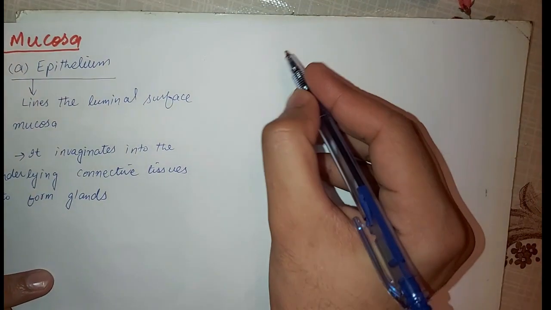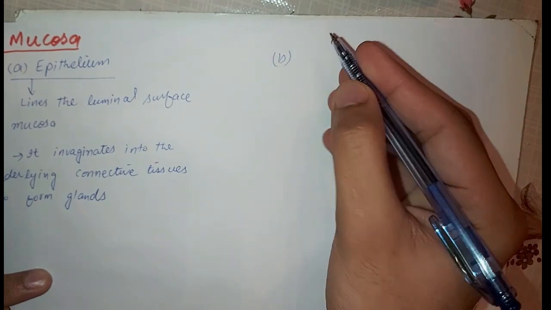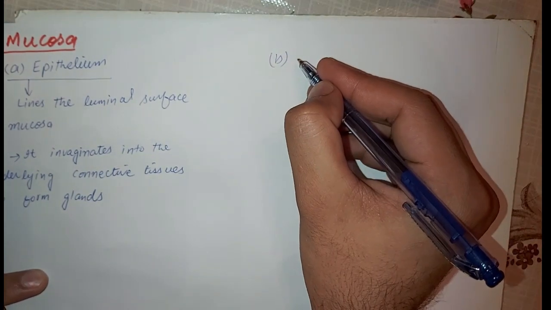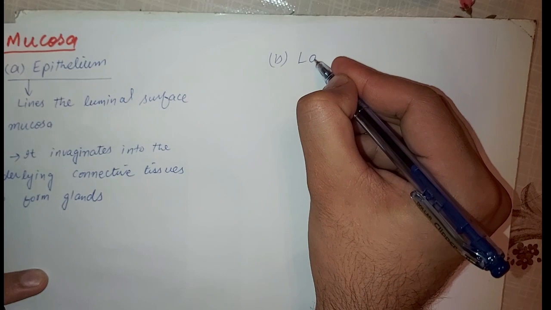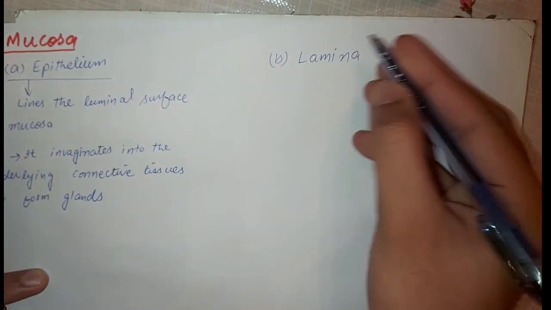Next, the second sublayer of the mucosa is lamina propria.